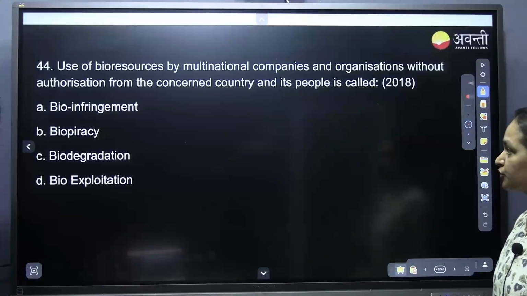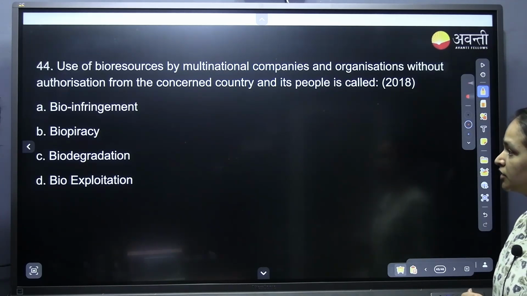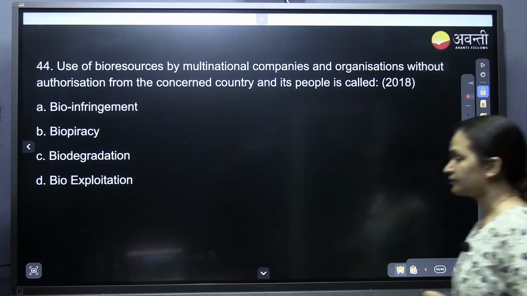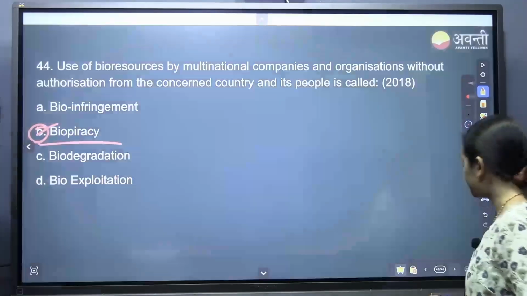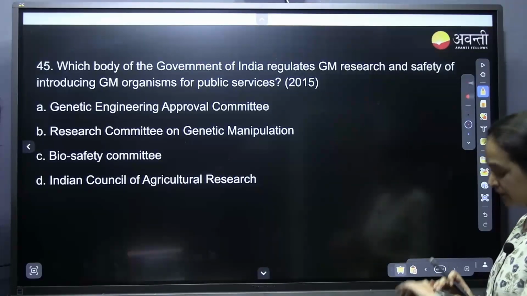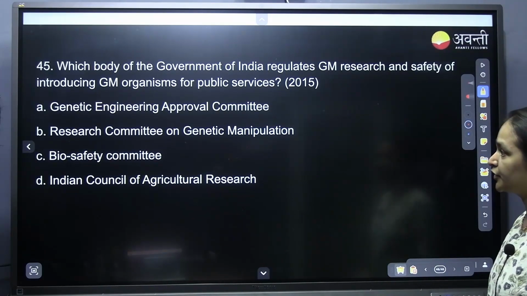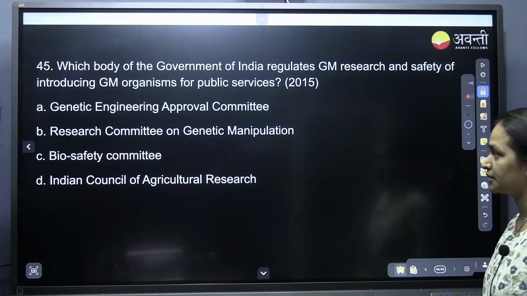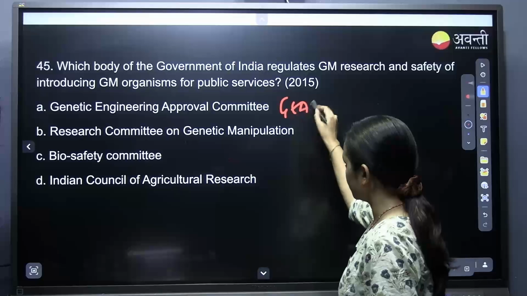Use of bioresources by multinational companies and organizations without authorization from the concerned country and its people is called biopiracy. B for Bombay is the correct answer. Which body of the government of India regulates GM research and safety of introducing GM organisms for public services? GEAC.